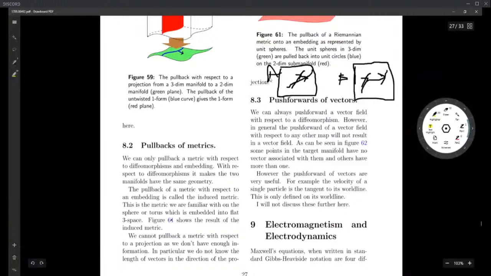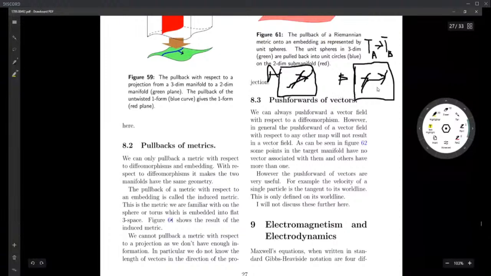So it's basically a map between tangent spaces. You can sort of think of it as TA going to TB. Of course, it's a little weird because obviously sometimes one particular tangent can correspond to multiple tangents here.